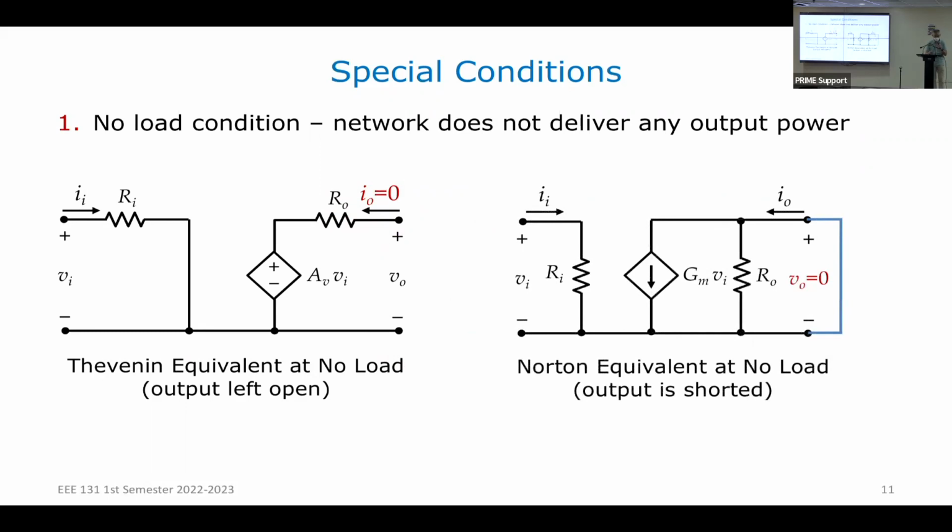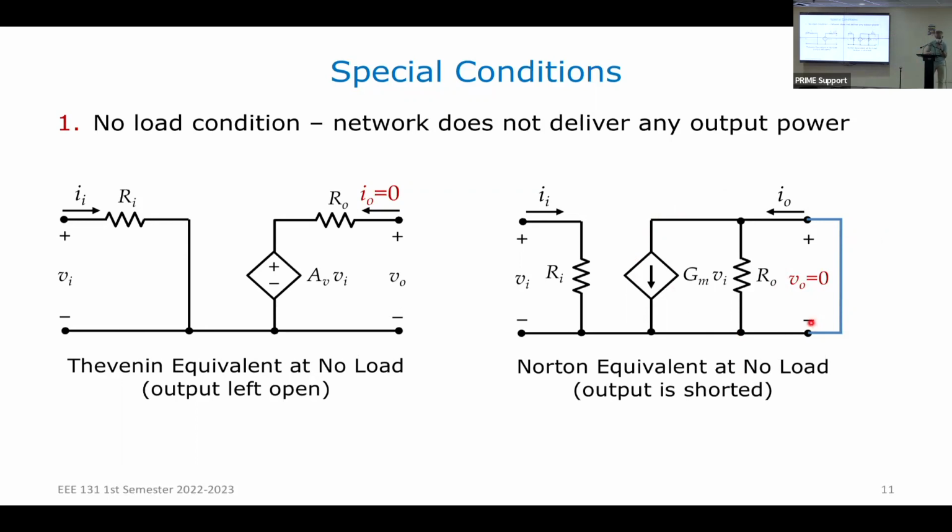If I leave this open, there will still be a power associated with my output, right? Pag iniwan ko itong bukas, dito sa Norton equivalent, there's still a power associated with my output because there's a current flowing through R's of O, and therefore if current flows through R's of O, there will be power dissipated across R's of O. So how do I make that power equal to 0?